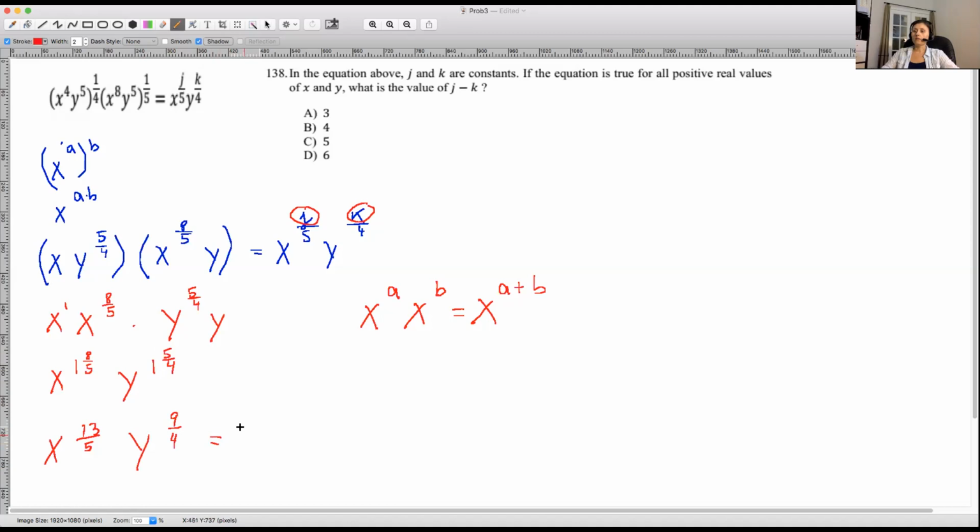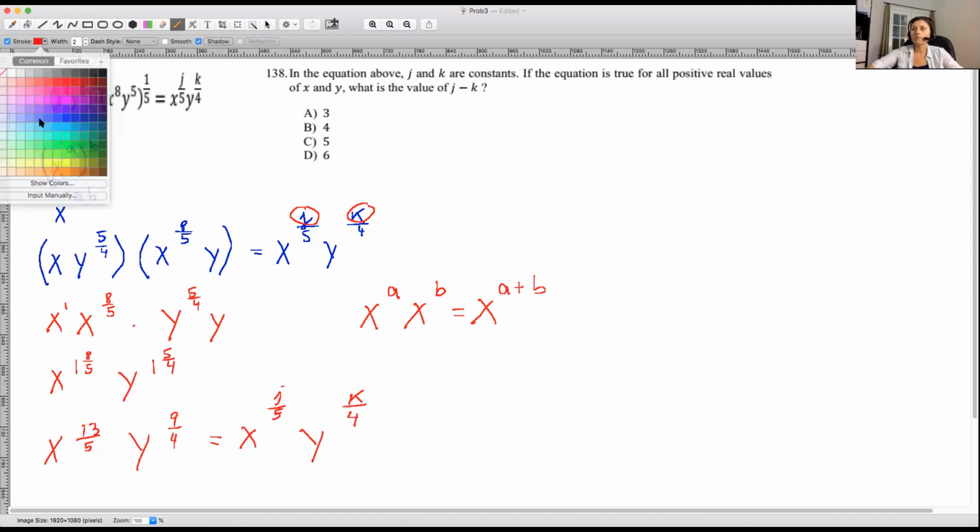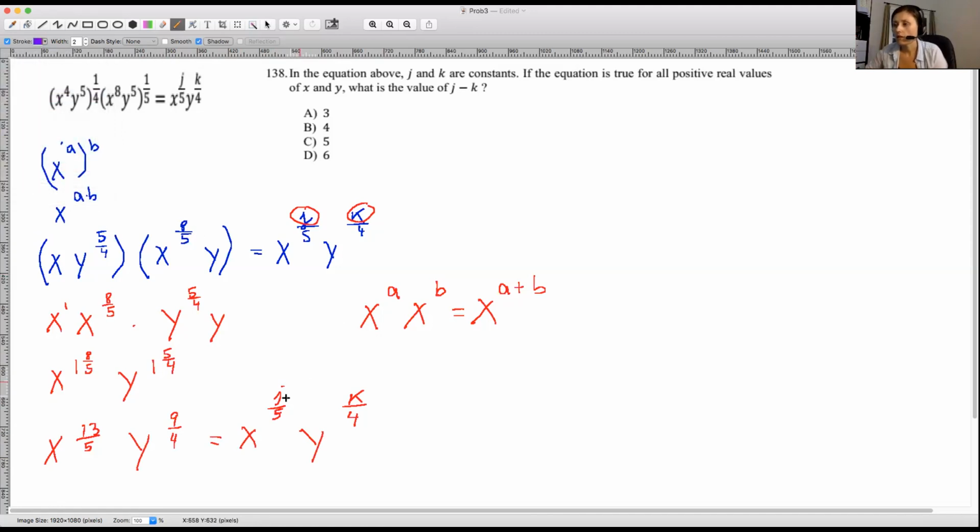And now I'm going to equate this to x to the power of j divided by 5, and then y to the power of k divided by 4. So do you see the similarity now? We can easily see what j and k are. On the left side, we've got x to the power of 13/5, where on the right side, we have x to the power of j/5.